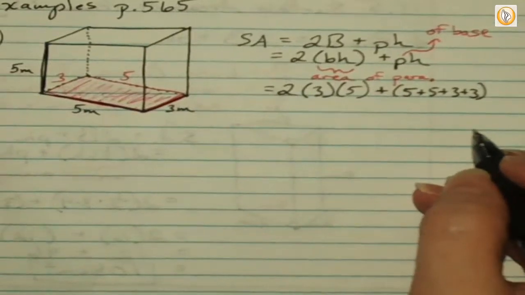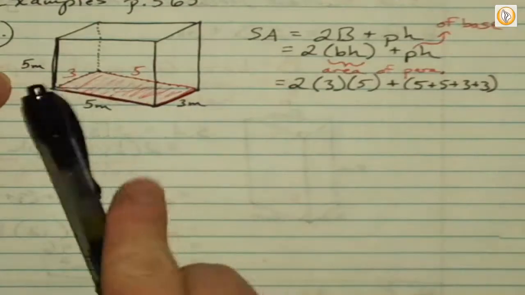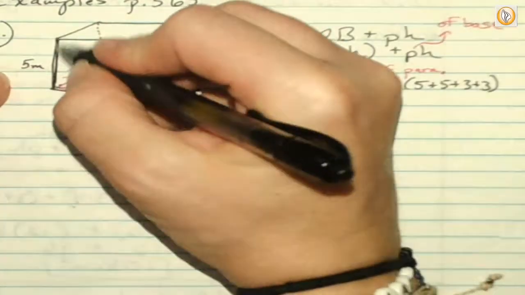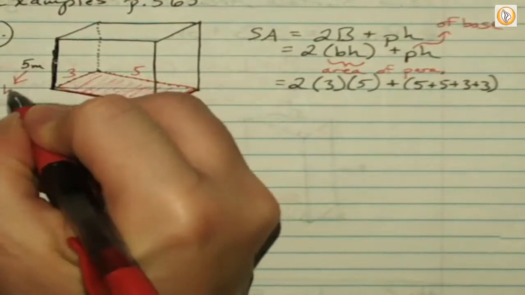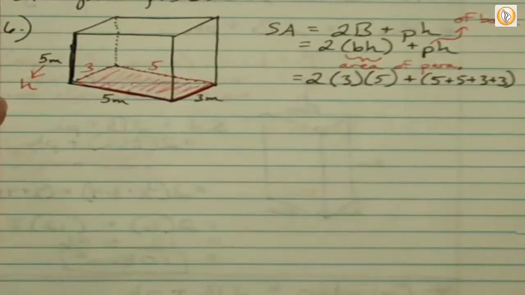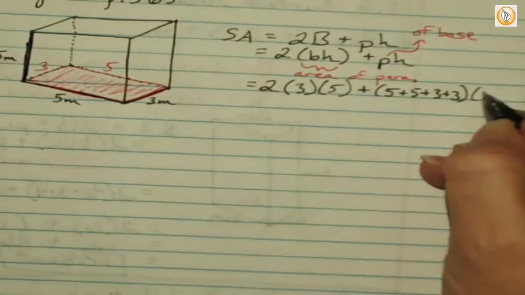Izzy, what's the height? That's right. Guys, it's this right here because it's the height of the entire figure. Height of the entire figure. So that's going to be right here, times 5.